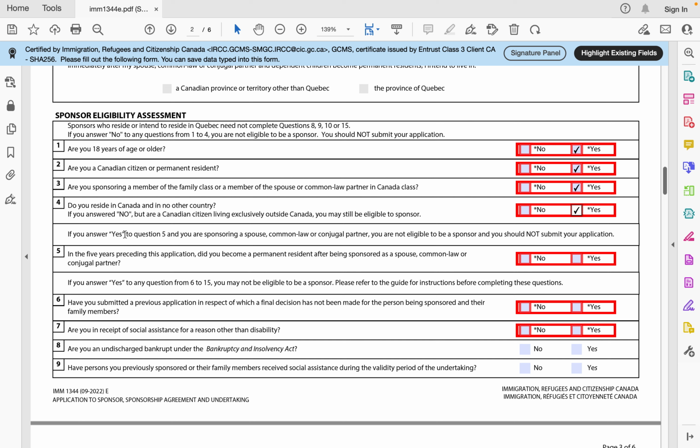If you answer yes to question 5 and you are sponsoring a spouse, common law, or conjugal partner, you are not eligible to sponsor and you should not submit your application. Let's see what question 5 is. In the 5 years preceding application, did you become a permanent resident after being sponsored as a spouse, common law, or conjugal partner?